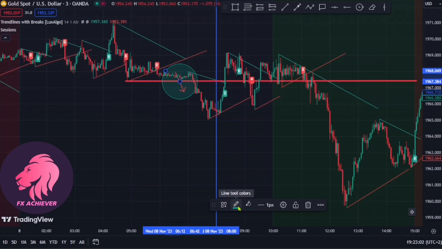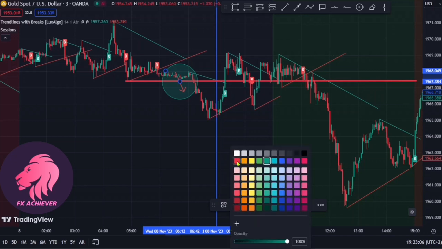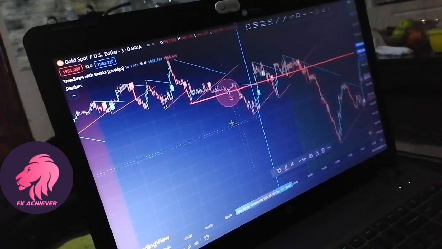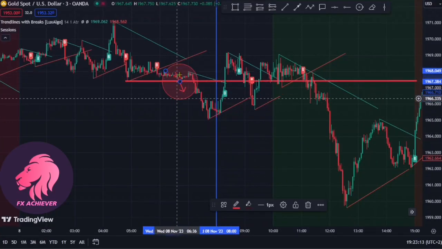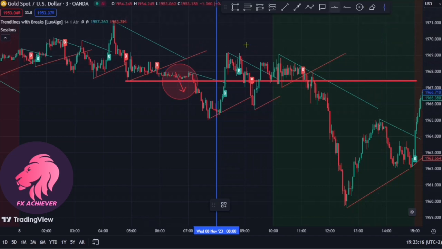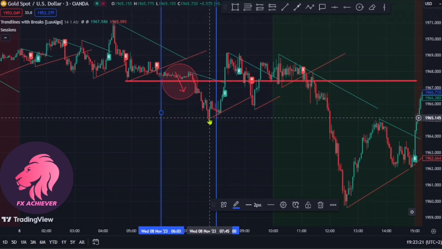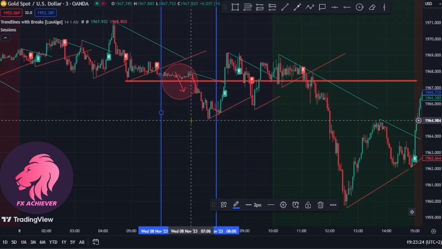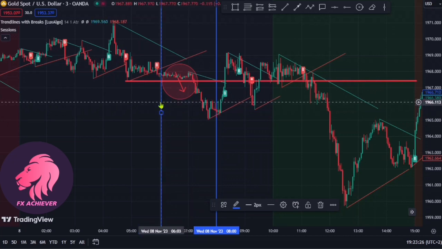This is not the bias. This is just me marking my properties. And I usually use the red markers, red color, so you can be sure as well that now we're looking for selling opportunities only.